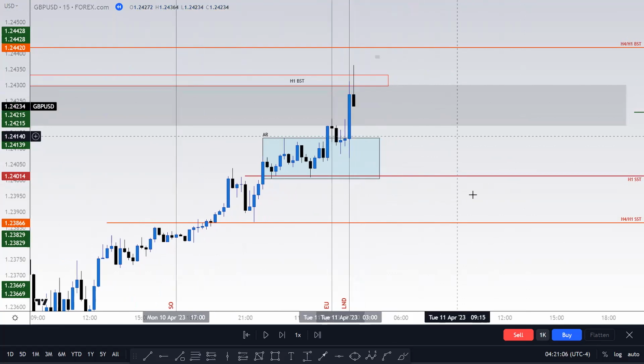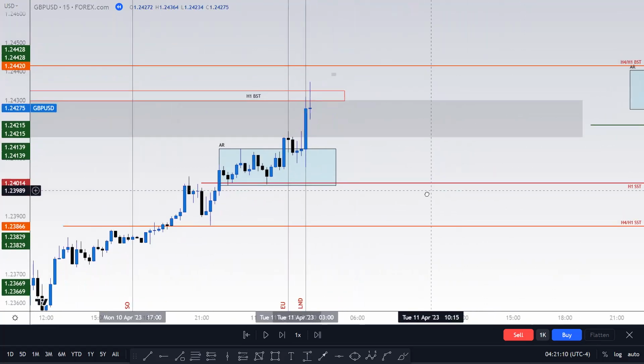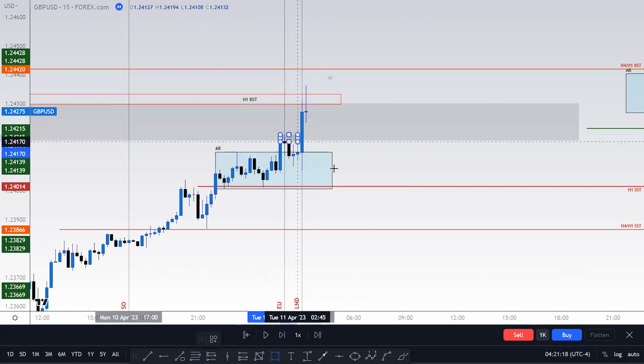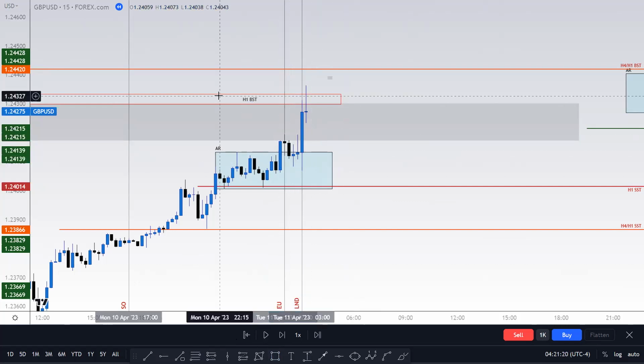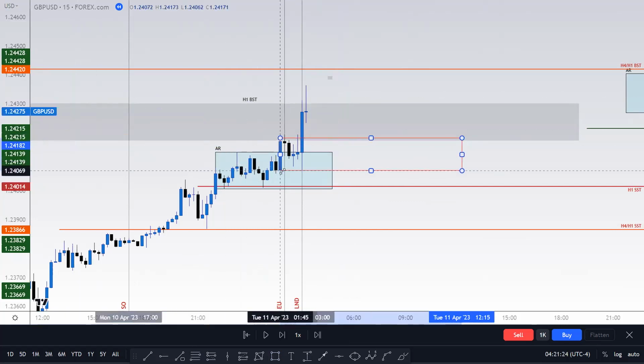So at this point, the first option is to wait for a retest, because if we have a break outside of the range, you want to always identify the bullish order block. In this case, this is the bullish order block.